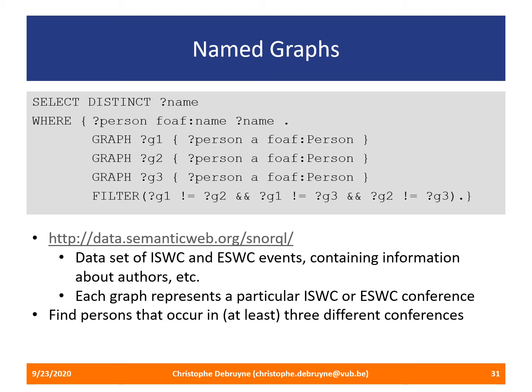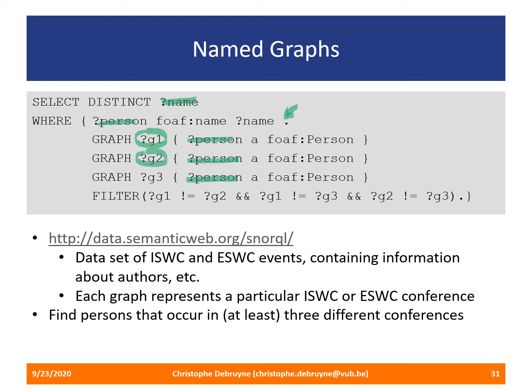So I'm looking for names of people that have been declared in the default graph, because you don't see a graph pattern there. And for each event, there's a separate graph, and that person must have appeared in 3 different graphs. So we're looking for graphs with a URI, and you can see we can even replace the URI of a graph with a variable.